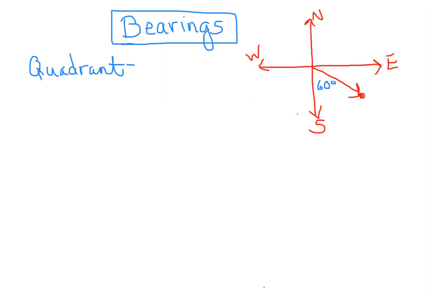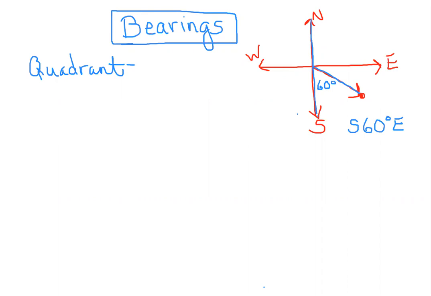So it's the acute angle between the vector and the north-south line. So for this example right here, the angle between this vector and the north-south line is 60 degrees. So the way we would write this is south 60 east, because it's south and east, and it's 60 degrees between there. That's the quadrant bearing.